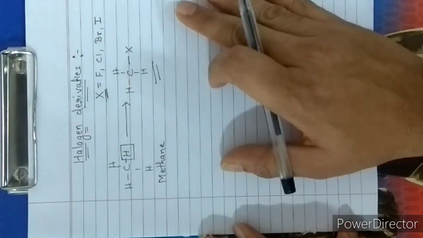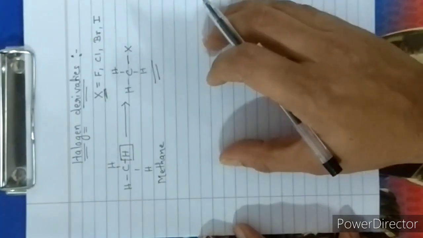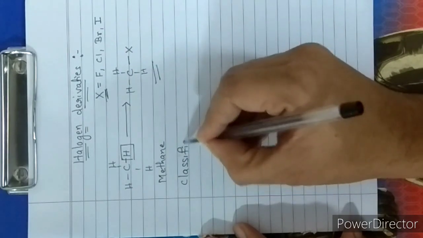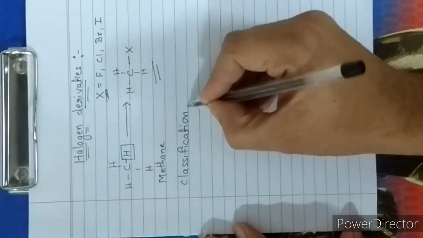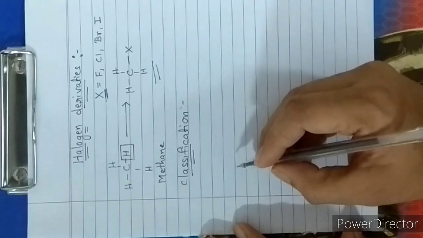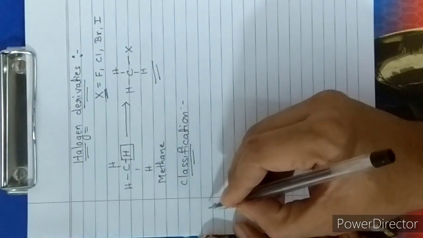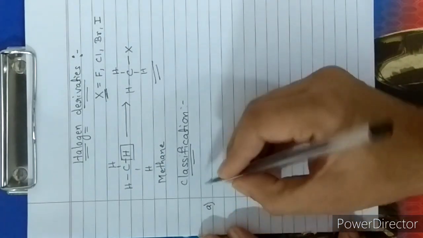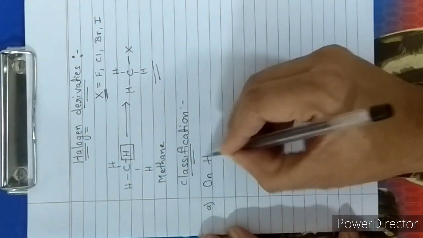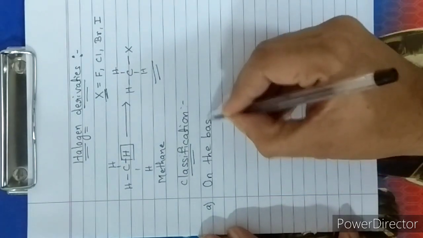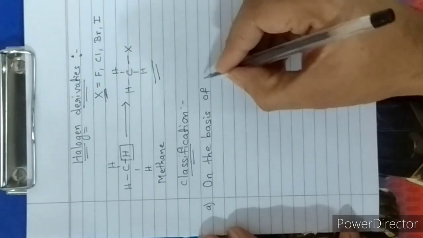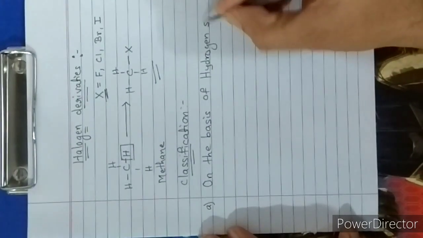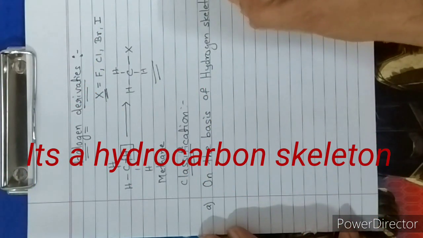Now the first part of the chapter will be dealing with the classification of these halogen derivatives. Now student, there are various classifications, but the first classification is on the basis of hydrocarbon skeleton.